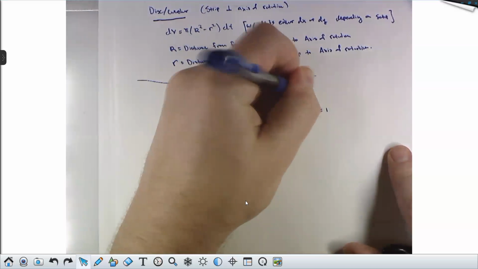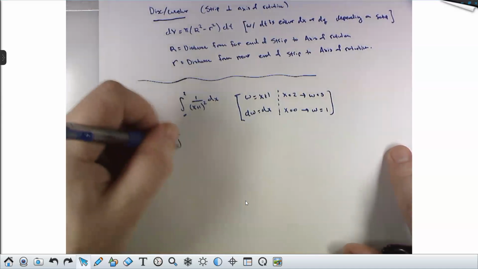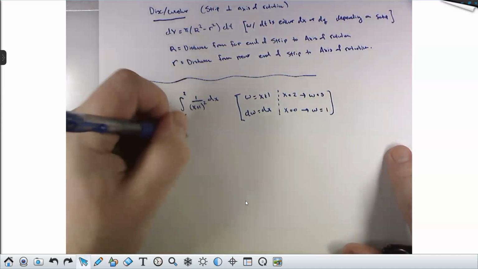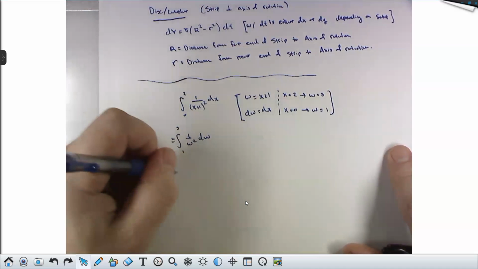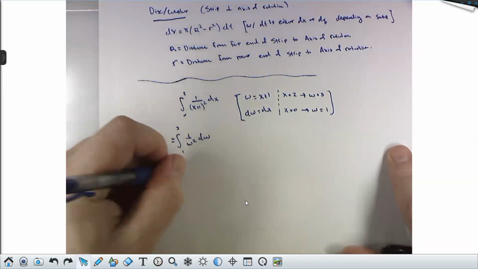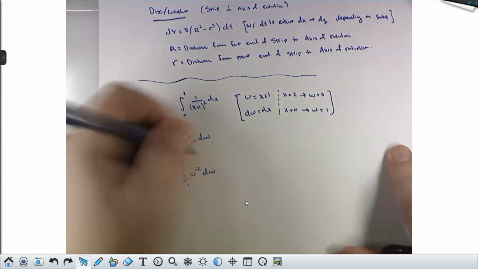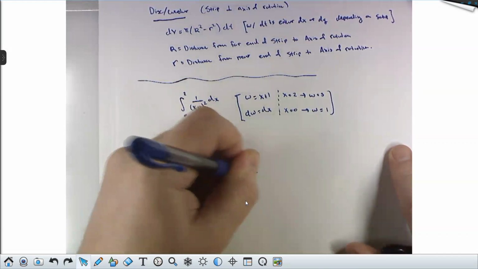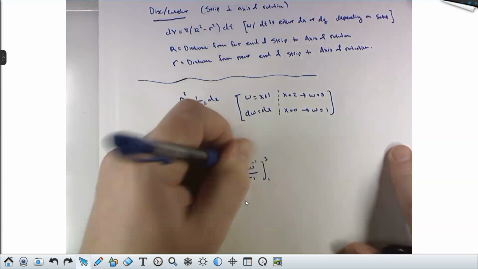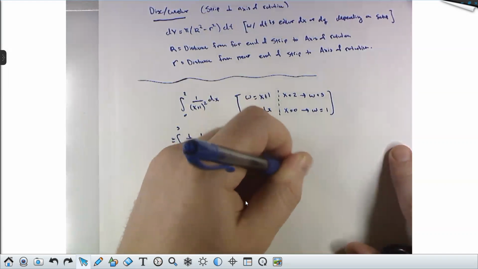When X is 2, W is 3. So this would become the integral from 1 to 3 of 1 over W squared dW, which is the integral from 1 to 3 of W to the negative 2 dW, which is W to the negative 1 over negative 1 from 1 to 3, which is negative 1 over W.